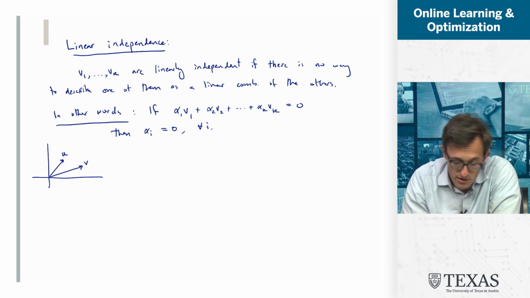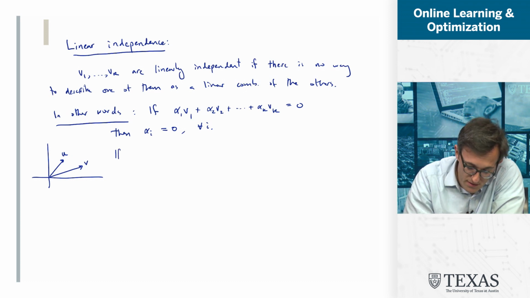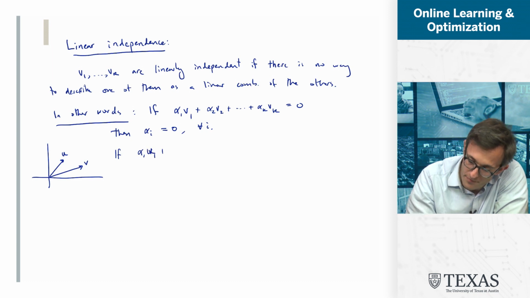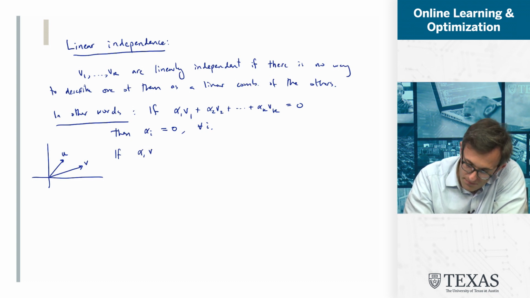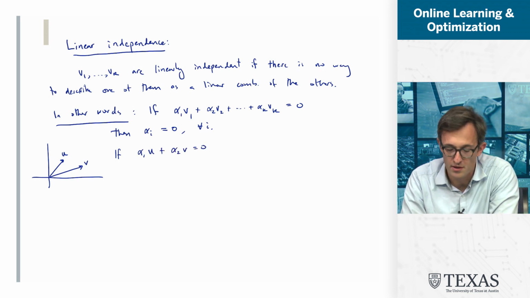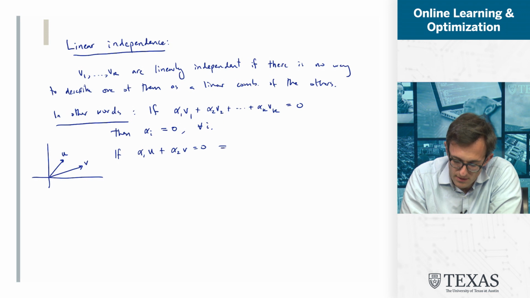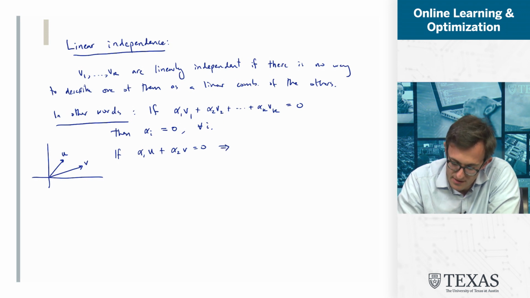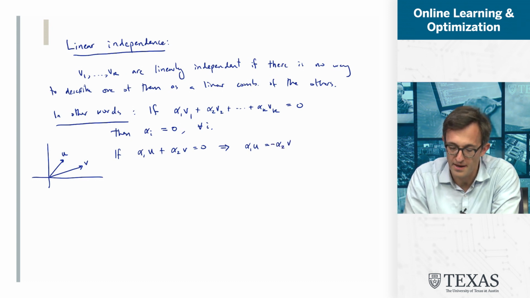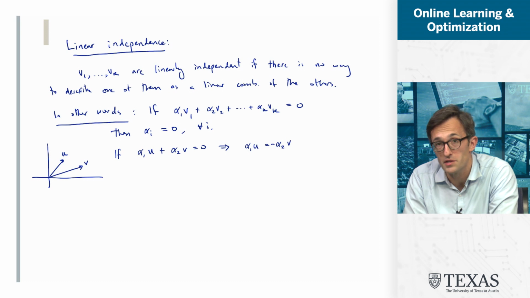If it's true that alpha 1 u plus alpha 2 v equals 0, rearranging this equation, that's exactly the same thing as saying that alpha 1 u is equal to alpha 2 v. And since I know that u is not equal to 0 and v is not equal to 0, this also tells me that alpha 1 and alpha 2 can't be 0.